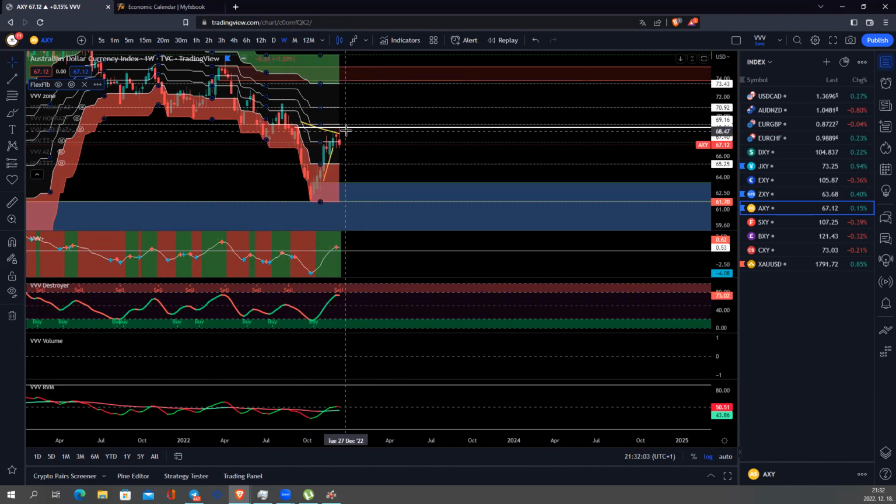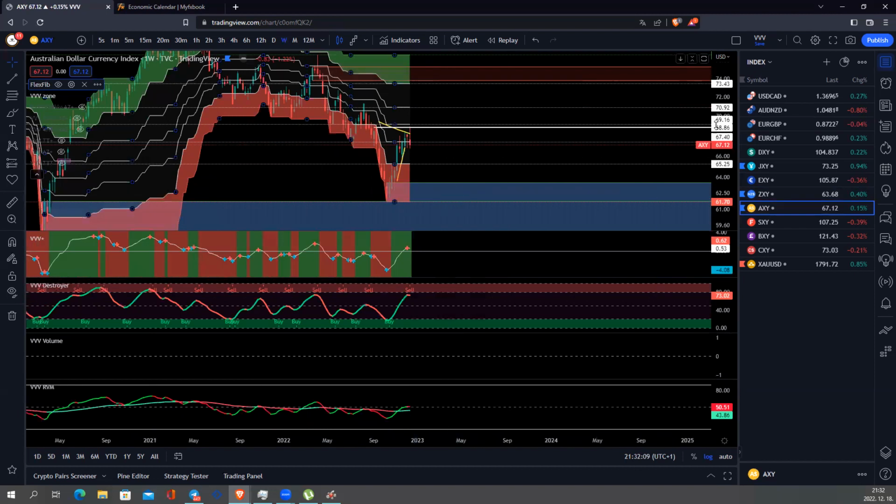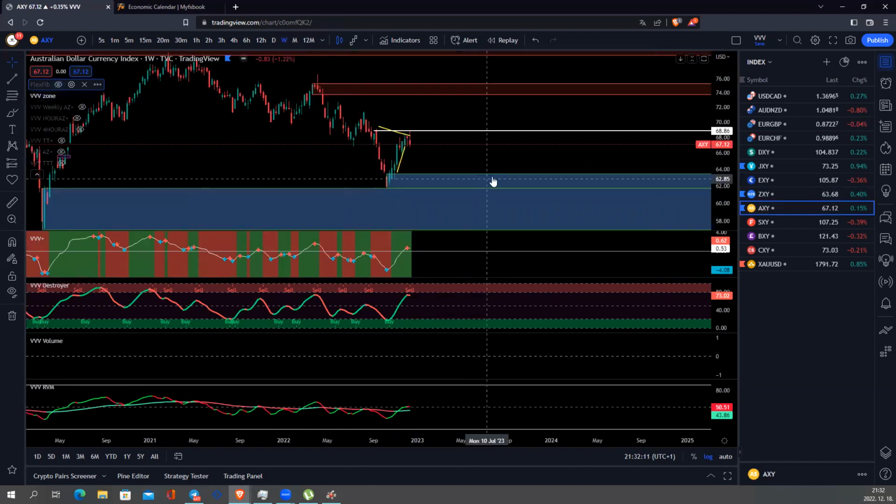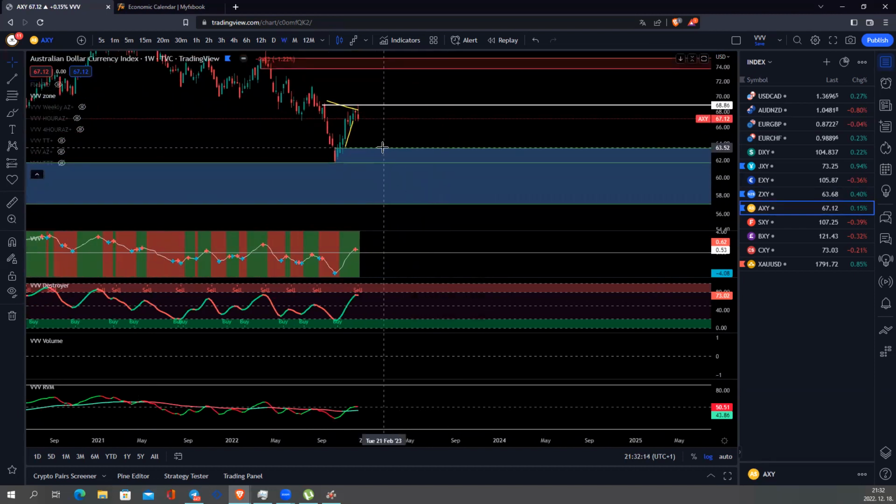So I want the same thing, not the same pattern, but I think we are heading down to the zone under. Okay, so I want to see Australian dollar weakness. Like I said, the NCD is still dominating here between the two. So I want to see the Australian dollar weakness for next week as well.